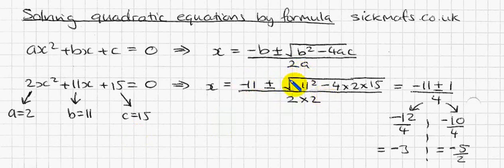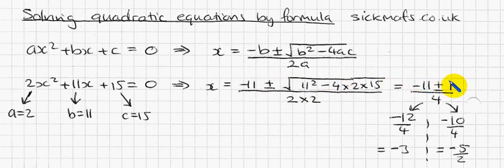And if I simplify all of that, well, 11 squared is 121, and 4 times 2 times 15 is 120. So 121 take away 120 is equal to 1, so I get square root of 1. Now what's the square root of 1? The square root of 1 is plus or minus 1, which is why I've written that there.